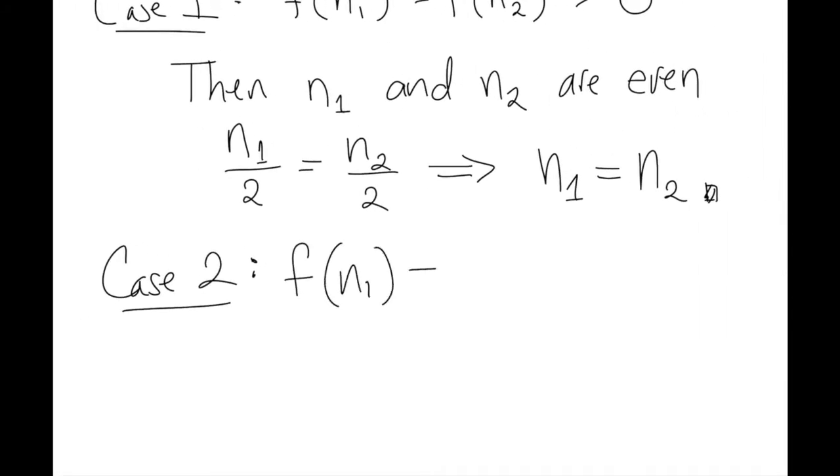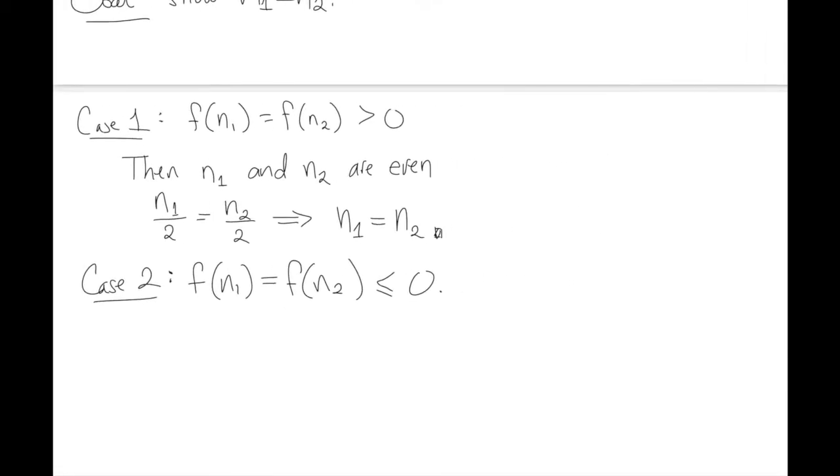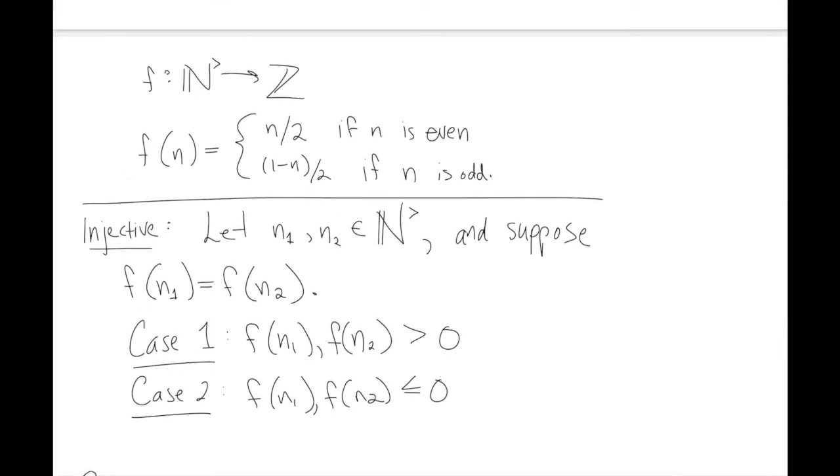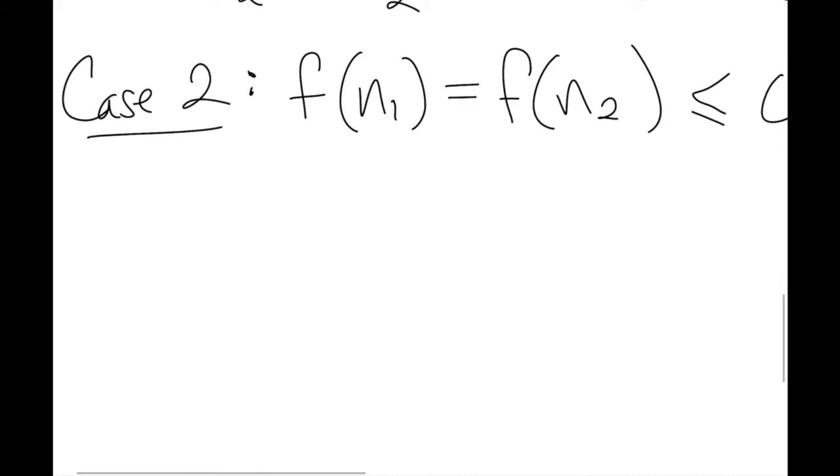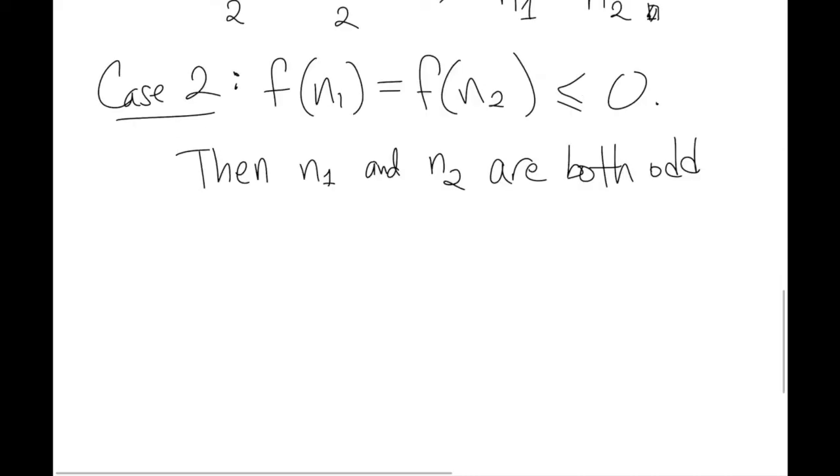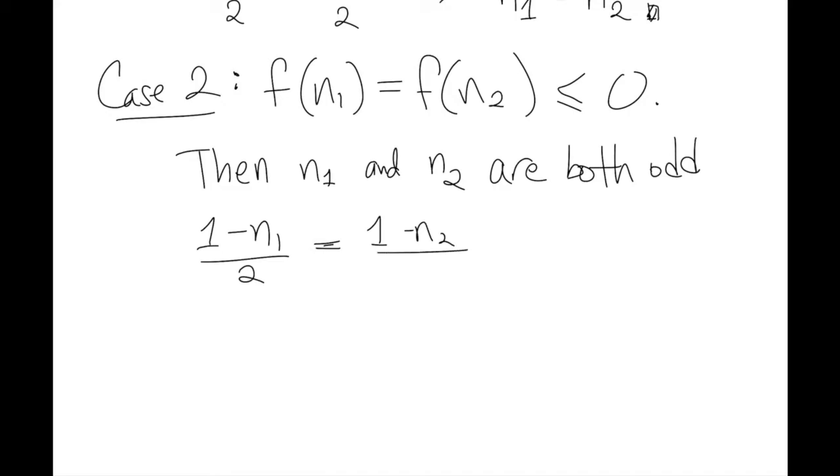On the other hand, case 2 here, now we've got f of n1 and f of n2 are both negative, or both non-positive. Well, that means, just looking up at our definition again, that n1 and n2 are both going to have to be odd. So we have that n1 and n2 are both odd, and that means that we can use our definition of f for an odd number to say that 1 minus n1 divided by 2 equals 1 minus n2 divided by 2.